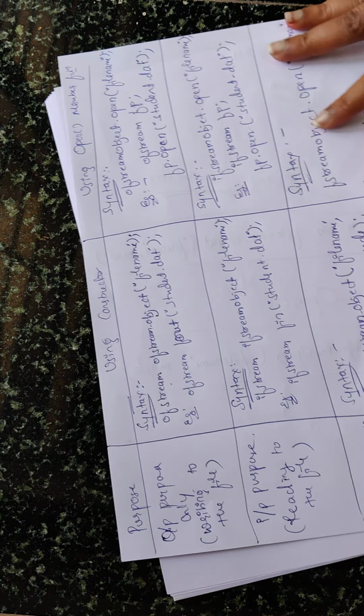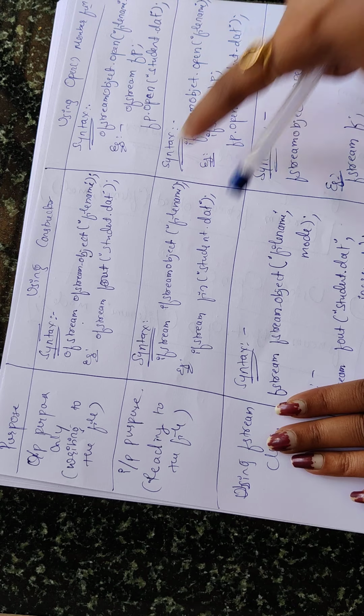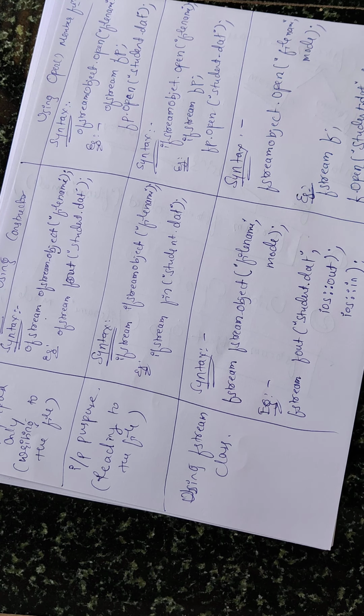In one table we can fit all three purposes and two methods with the syntax and its example. For your study purpose, prepare this table so that in one diagram you will get it. Remember the class we are using, which object we are creating, and the syntax and the example. This is more than enough.